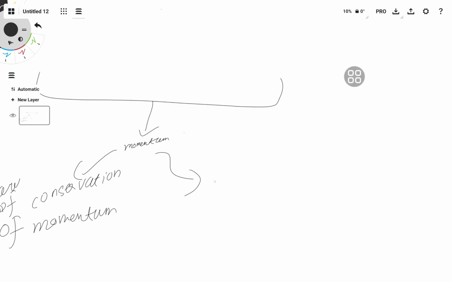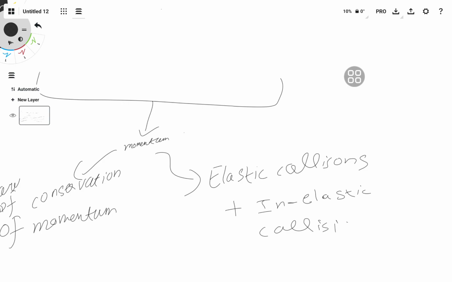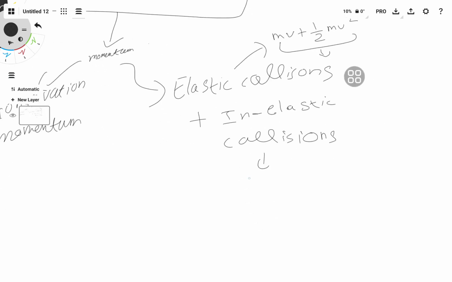Next we have elastic collisions and inelastic collisions. Elastic collisions are those in which both momentum and kinetic energy, half m v squared, are conserved, and in inelastic collisions only momentum is conserved.